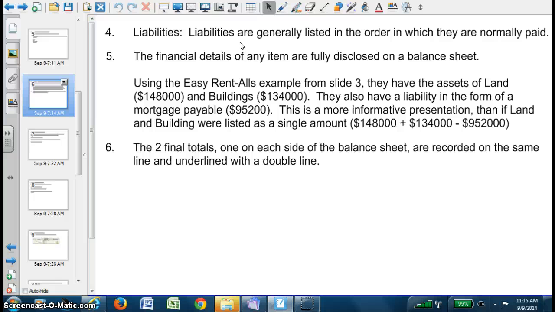This is much more informative in terms of a presentation than if land and building were listed as a single amount, simply by taking 148,000 plus 134,000 and subtracting, sorry, this number should be 95,200. Number six, the final two totals, one on each side of the balance sheet, are recorded on the same line and then underlined with a double line.